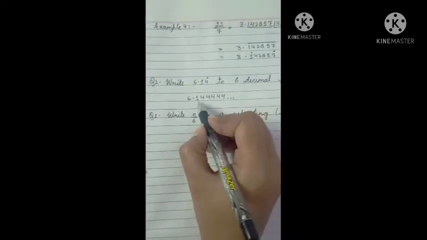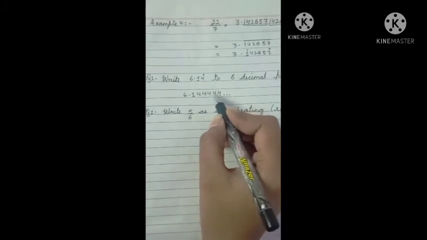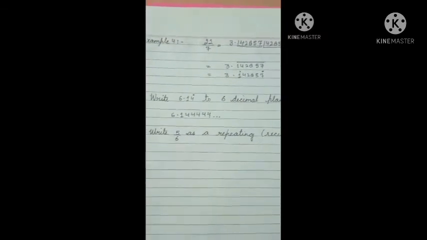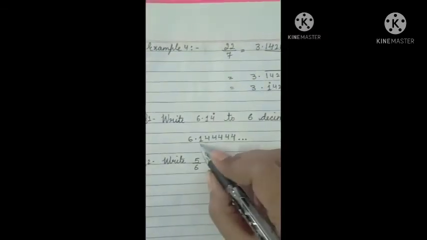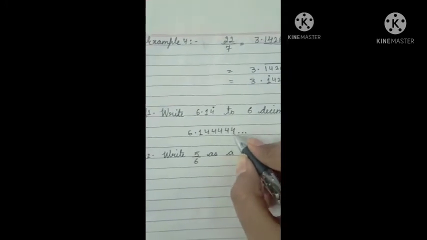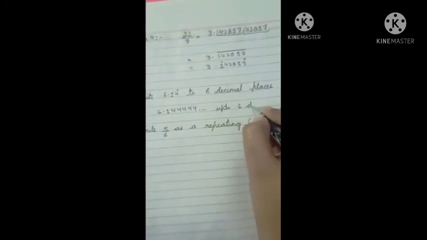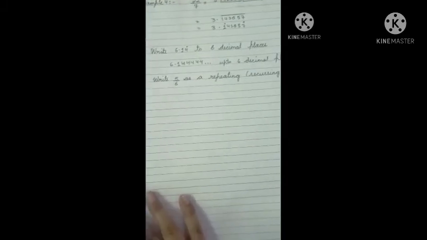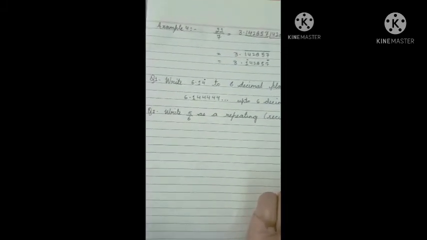You can see that this is up to 6 decimal places: 1, 2, 3, 4, 5, 6. So 6.144444 infinite, up to 6 decimal places. Similarly you can write up to 8 decimal places.